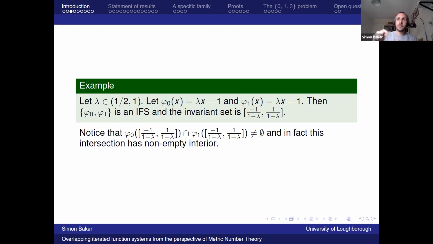And 1/2 to the n is certainly not equal to lambda to the n. So when you're overlapping, the approximation is no longer determined by your contraction ratio. It's more to do with the number of points you have lying in your fractal set. This is a subtle change, but it means things are a lot more complicated, but a lot more interesting.